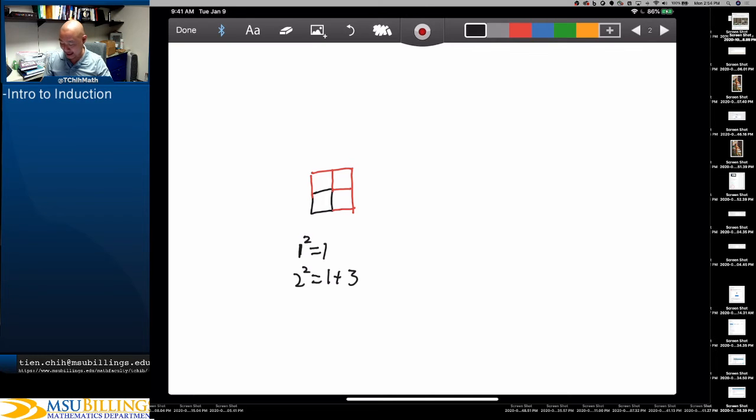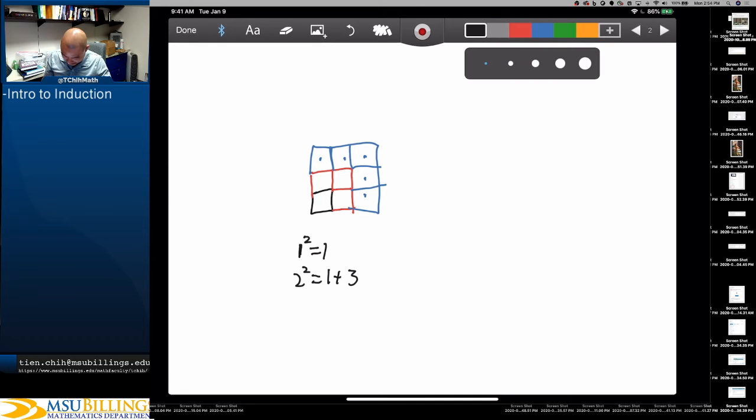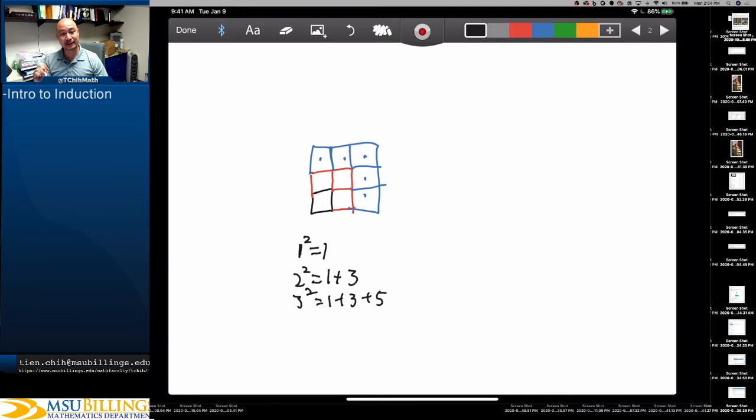And I say, all right, now I want to get from that to the next square. What I need to add is 1, 2, 3, 4, 5. Five little squares around my current square to get to the next step. 1 plus 3 plus 5 is 3 squared.